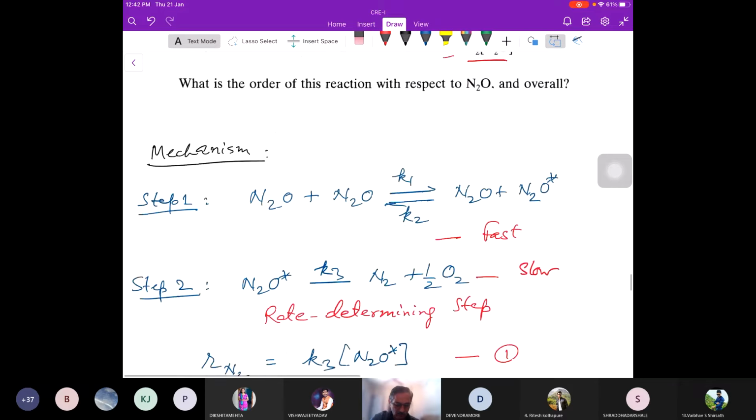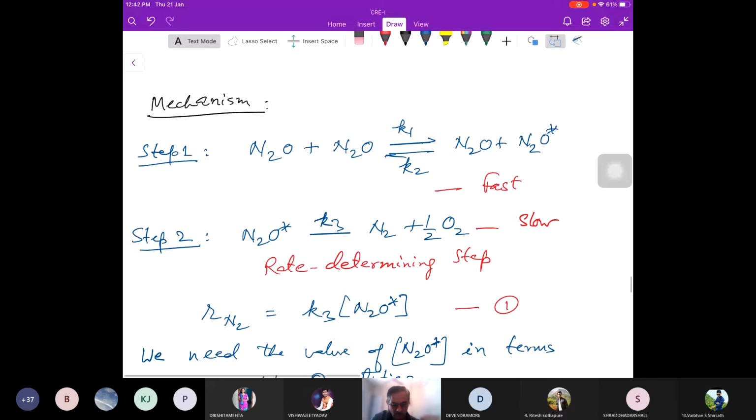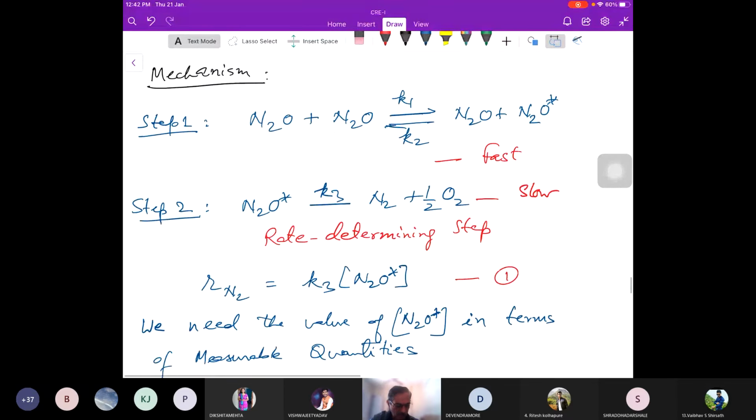Okay, so mechanism. यहाँ पर जो दिया है step 2, 2 step लिया है यहाँ पर भी. So we are saying 2 molecules of N2O give N2O plus 1 activated complex or transition complex, or activity, whatever, intermediate N2O star. So again यहाँ पर reversible लिया हमने, but now we are going to see something else.